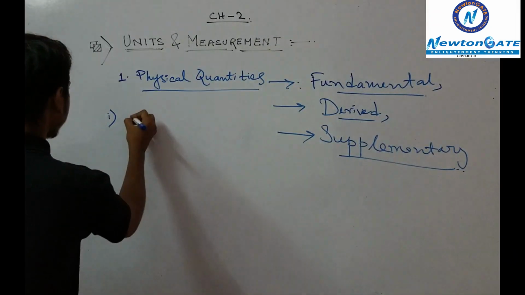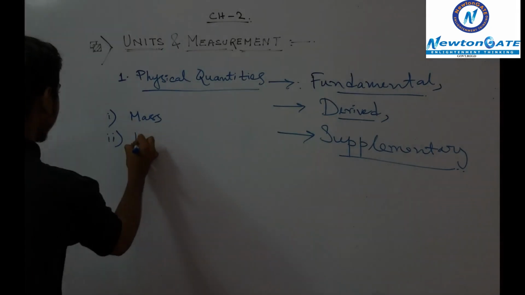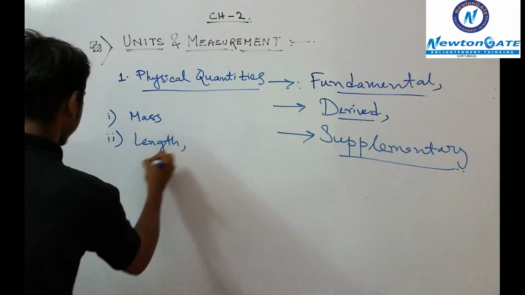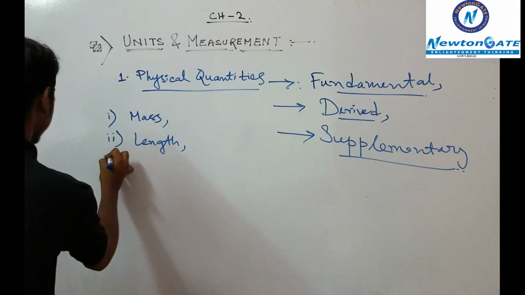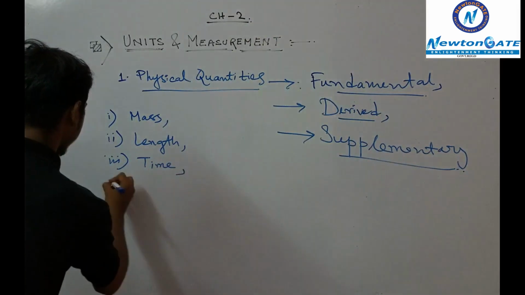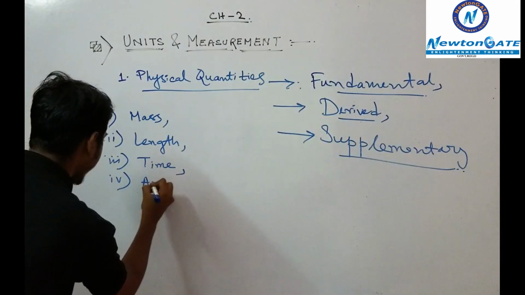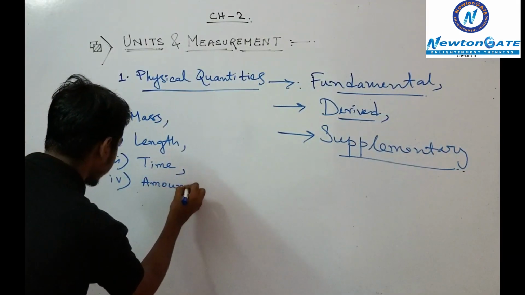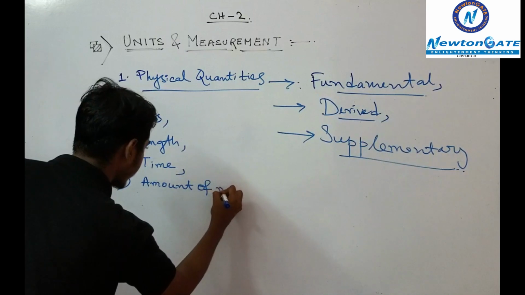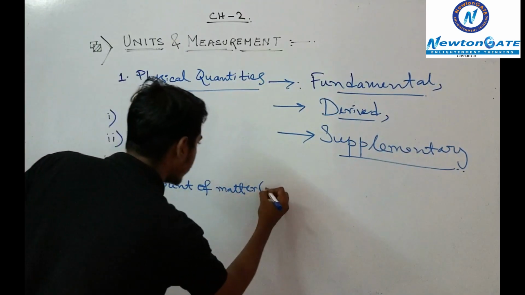First is mass. Second is length. Third is time. Fourth is amount of matter, expressed in mole.